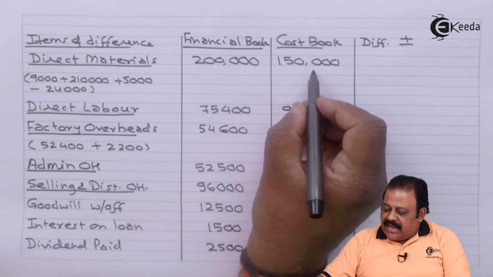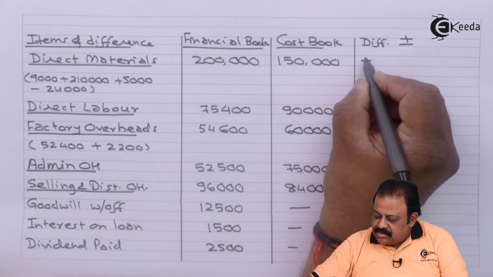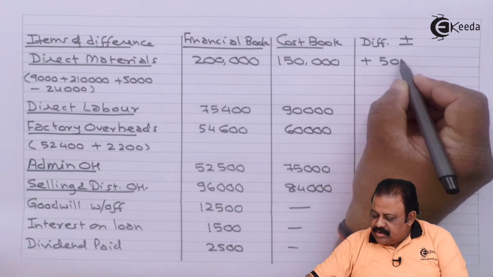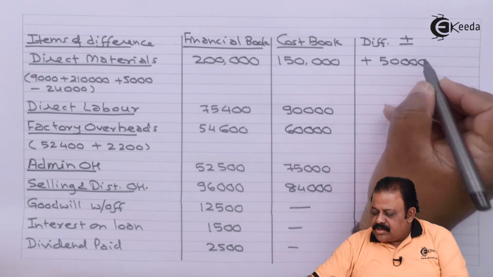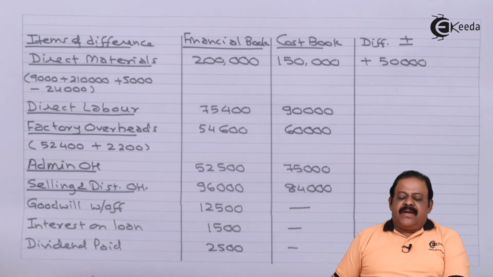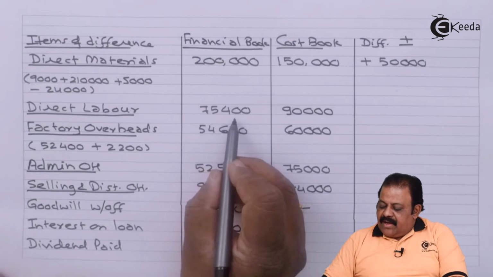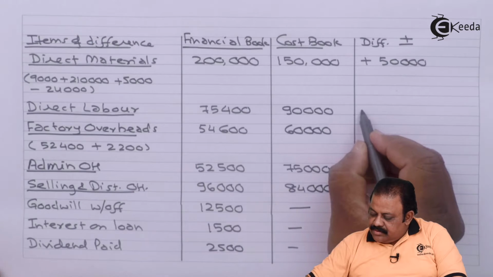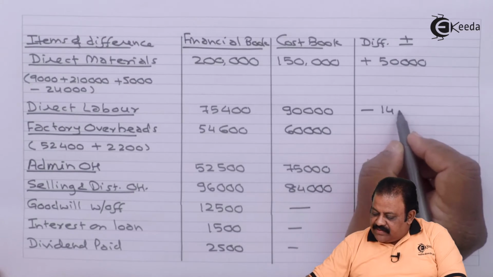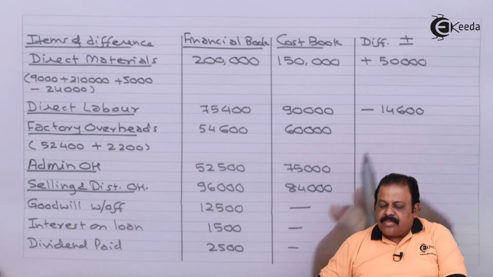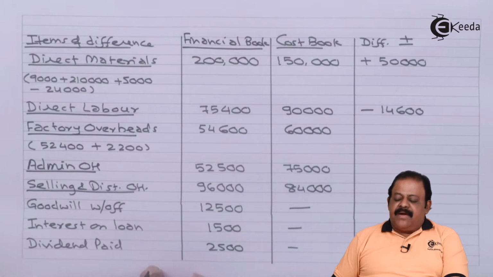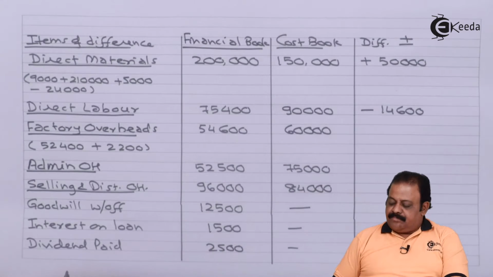2 lakh minus 1,50,000, so it is plus 50,000. So in profit reconciliation statement, this item 50,000 will be added. 75,400 minus 90,000, now you get minus 14,600. In profit reconciliation statement, this item will be deducted.